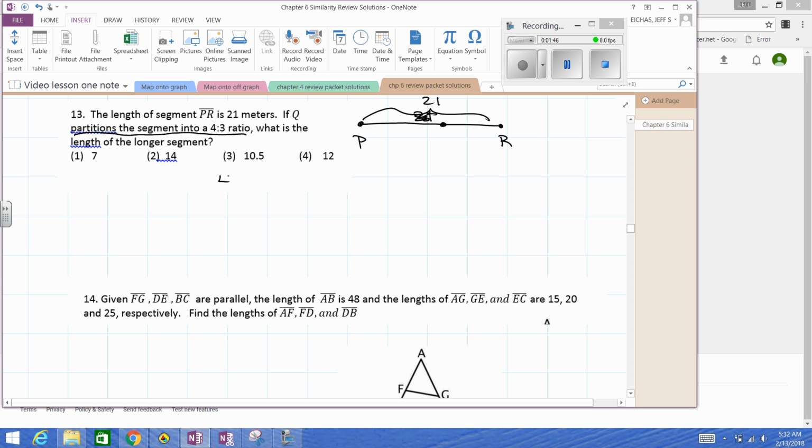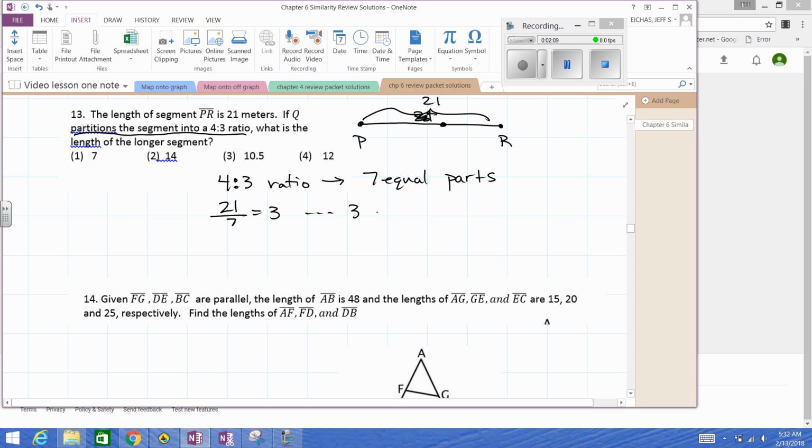Now, what I usually use with a 4:3 ratio is I tend to use that there's 7 equal parts. Whenever I do these partition questions, 7 equal parts. So what's in each of those parts? I take 21 divided by 7 to get 3.